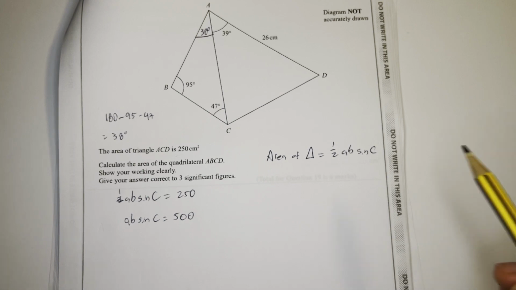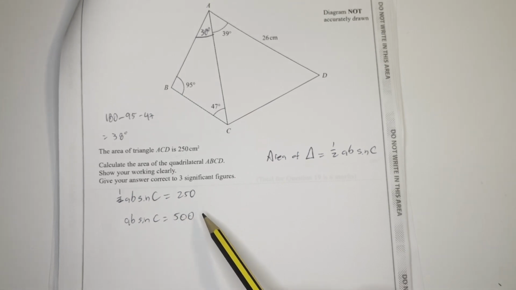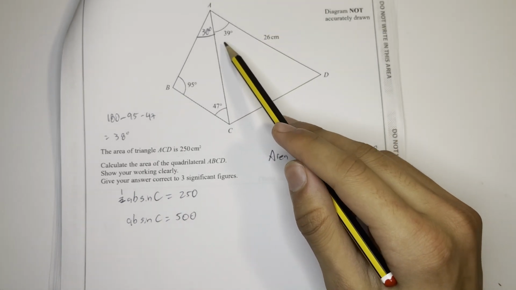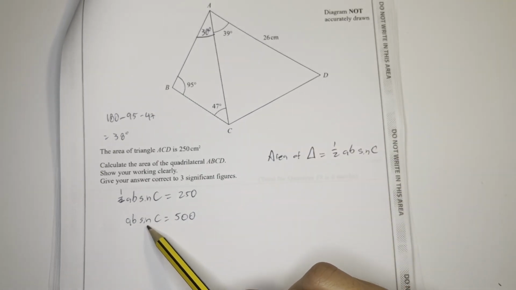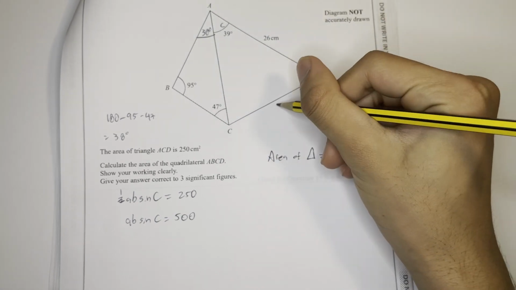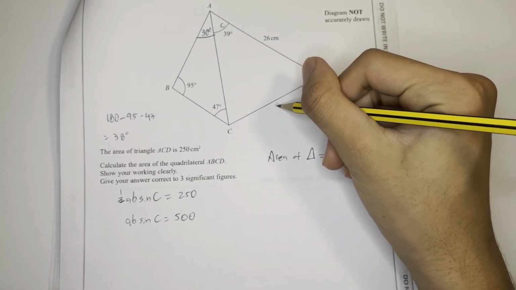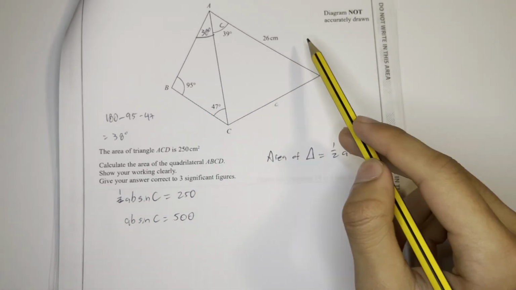And now we can label the sides in our triangle corresponding to this ab sine C, to whichever ones we choose. Because we're given only one angle, this angle must be the angle which we use in sine C. So that means this is angle C, and this must be the side c opposite that. And we can call either of these a or b.